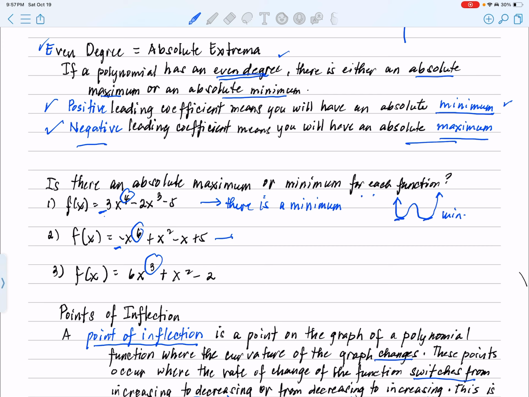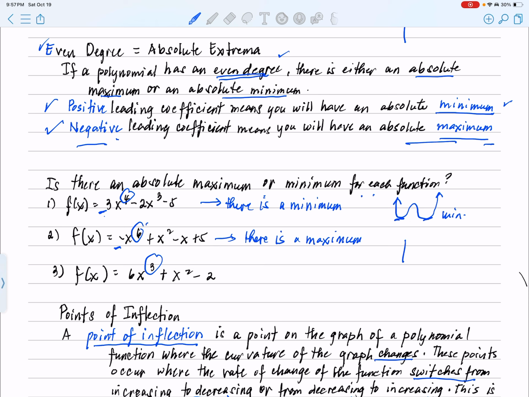Okay. So here, 6, even, negative leading coefficient. So we have a maximum. Right here, negative, even, then you have a maximum. There is a maximum.